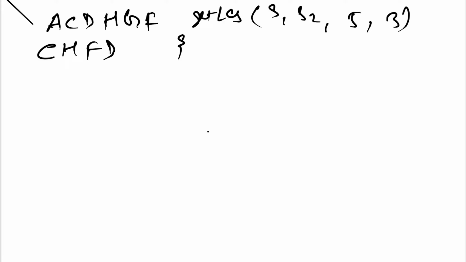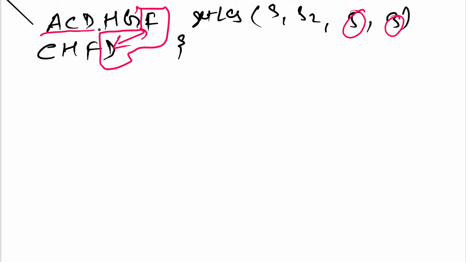Let's match the fifth and third, these two indexes. If this matches, then we can consider these two as length one, and then we can add the longest common subsequence of this one and this one.